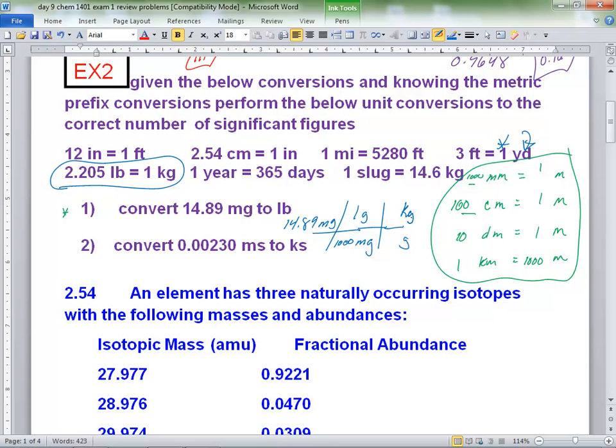The numbers are staring at you. What do you put in there, Danielle? It's going to be this one. Yep. Exactly.